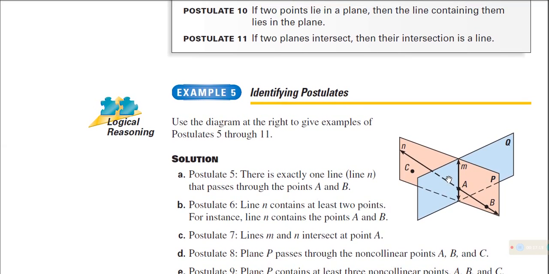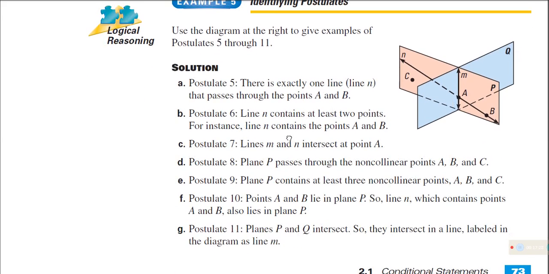So, lahat ng lines that you can form from the 3 non-collinear points contained in the plane will also lie in the plane. Okay?